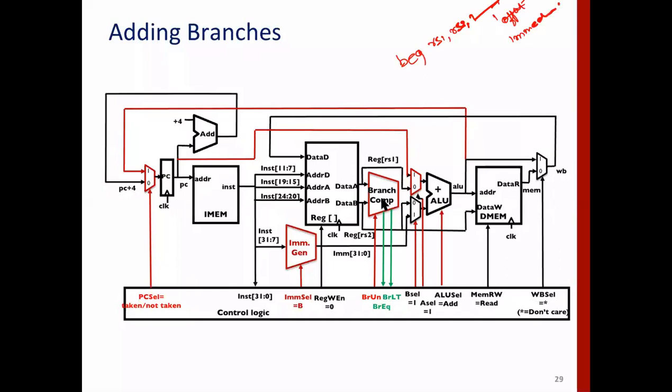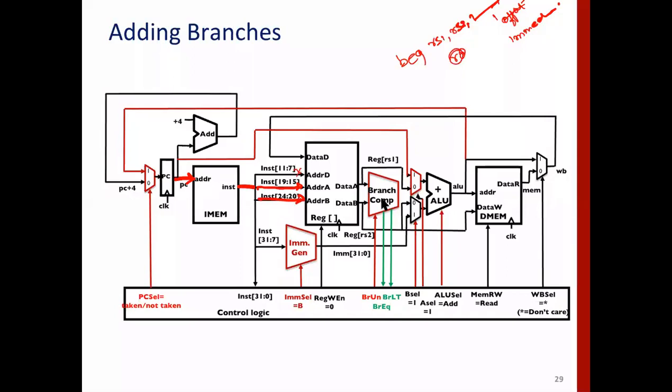So what are we doing now? First take the PC and read the instruction. Now we are reading two registers, RS1 and RS2, which are the ones we are using. Since this instruction does not have RD, there is no destination register, so that is not used.